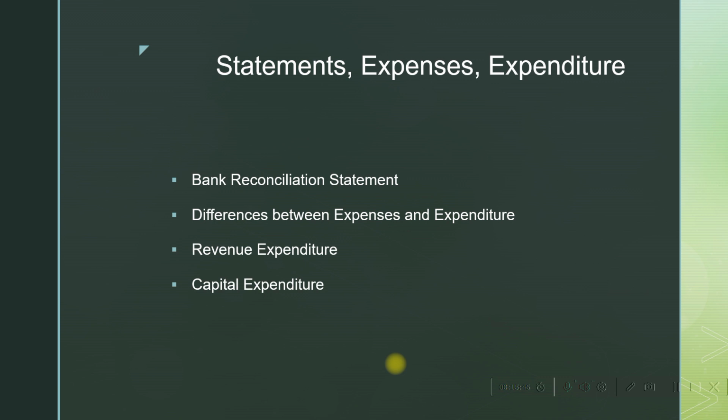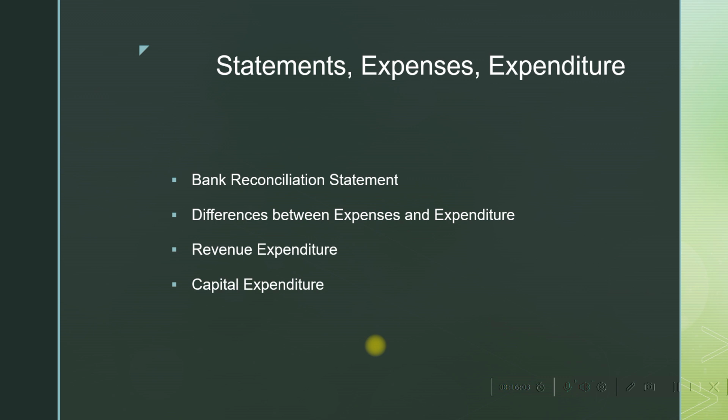So now let us see what revenue expenditure is and what capital expenditure is. As I was explaining, expenses incurred in the short term are expenses, and if long-term, it is expenditure.